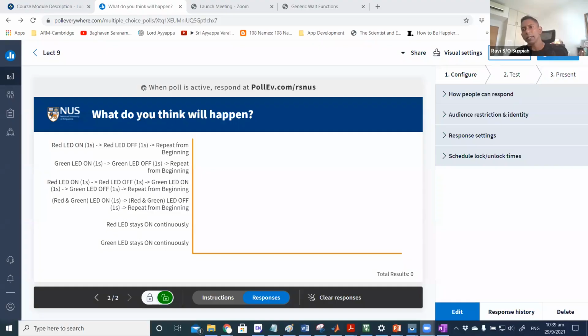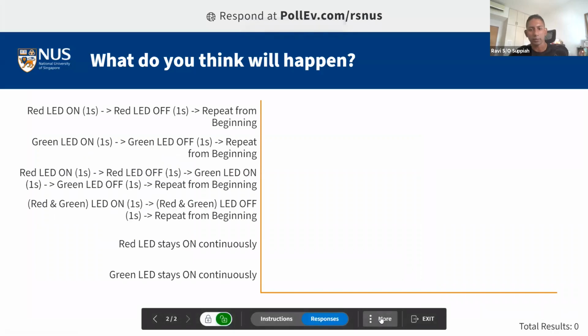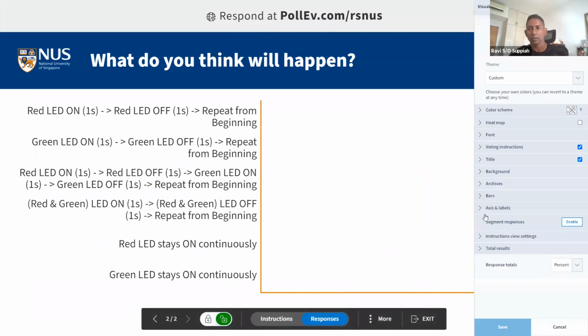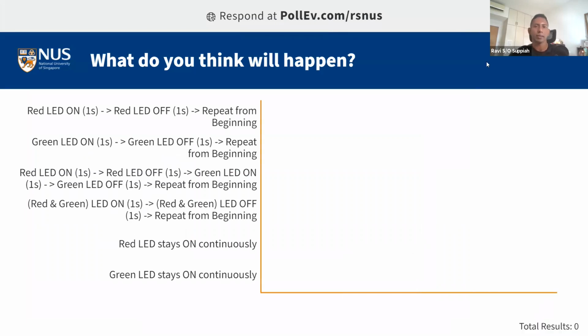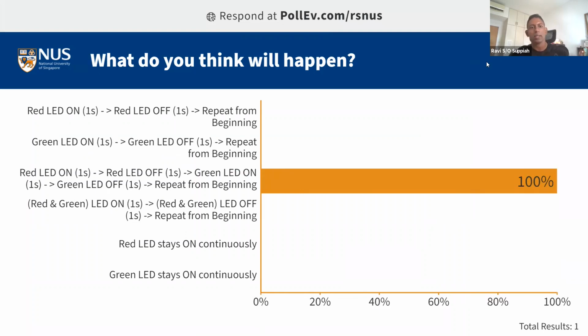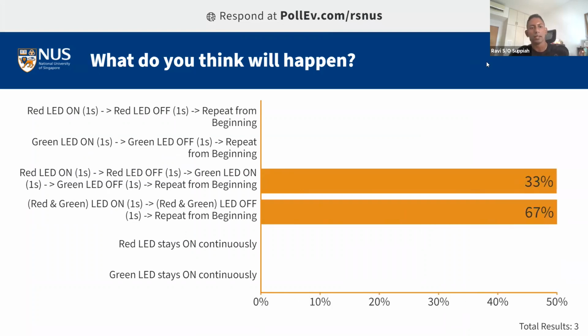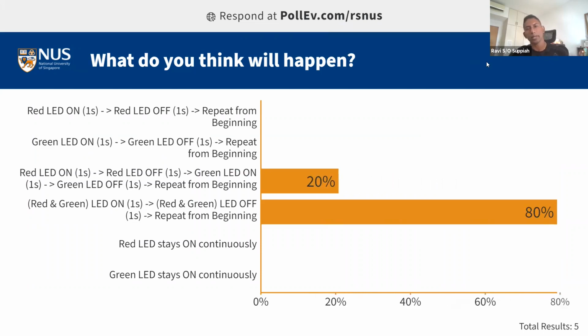Okay, so let's run this poll again and tell me what you think will happen. Okay, think carefully. So you have both the tasks. We know red created first, green created second.